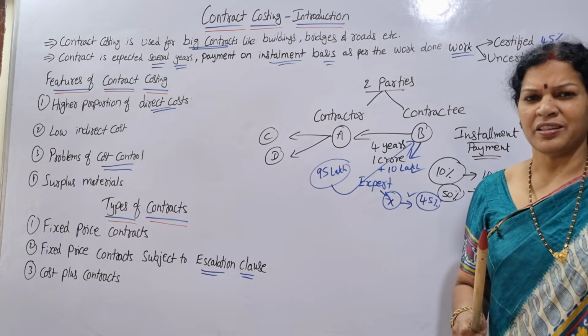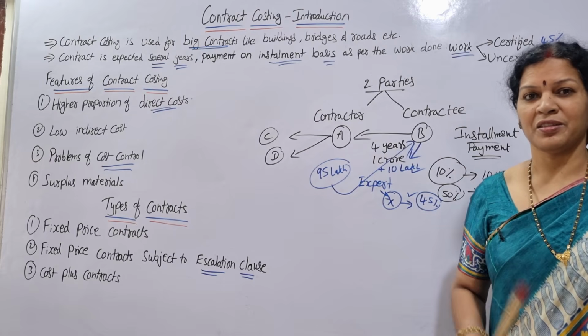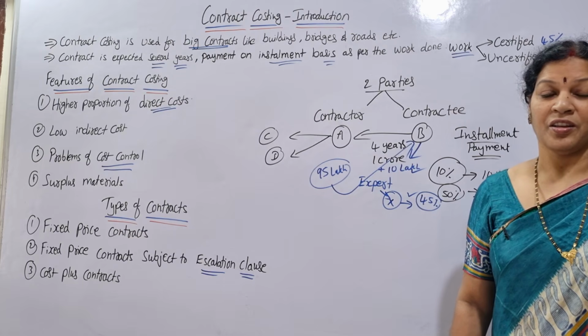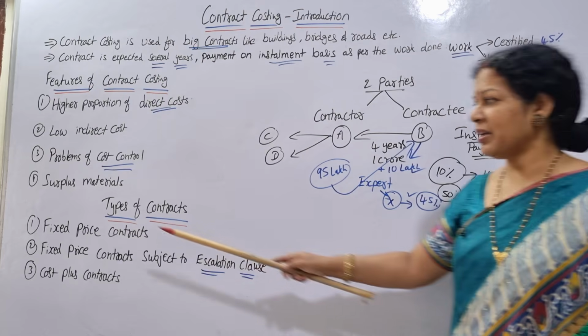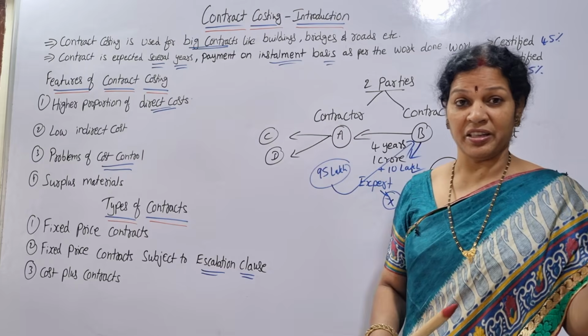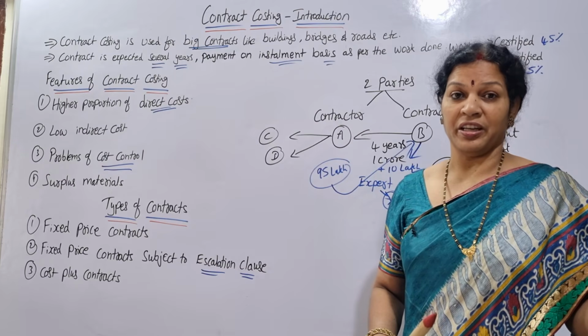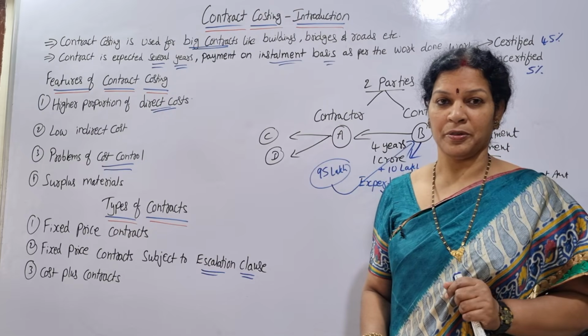Plus means he's saying I need 20% profit. Then cost plus 20%. So this is also one kind of contract. Most of the time, according to the requirement, the contractor and contractee will have an agreement. In the agreement everything is clearly mentioned, and according to that they'll proceed.